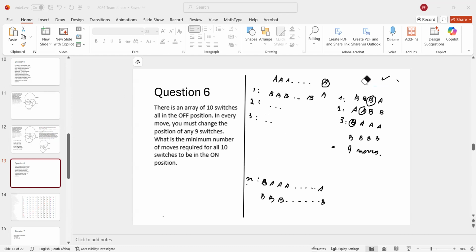So let's start off with N. Now I want to track any one of these positions. Suppose I track this one, A. Now A goes to B for the first round.